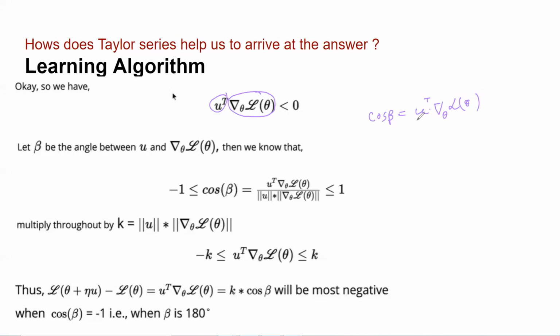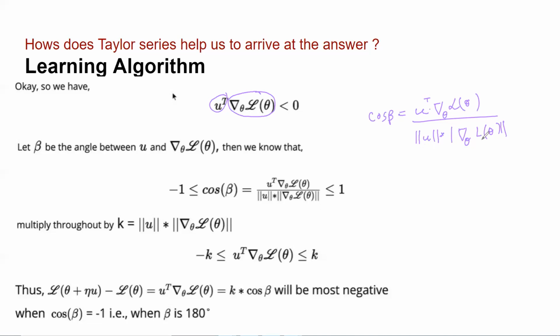This is the dot product here, and then mod of U multiplied by mod of gradient of theta L theta. This is the formula: if the angle between two vectors is beta, then cos beta is equal to the dot product of both vectors divided by the magnitude of each vector.